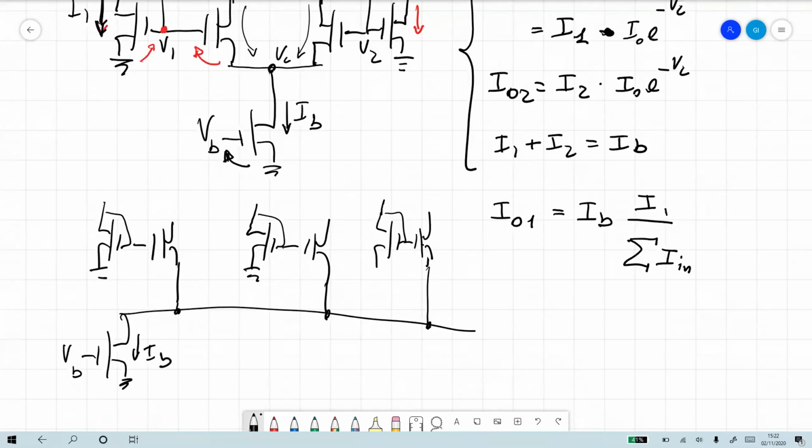So in general, whichever tab is IB times I divided by the sum of the currents. That's why it's called the normalizer, because you're always scaling by IB and you normalize by the sum of all the other currents.